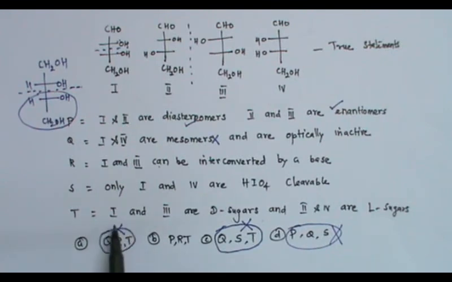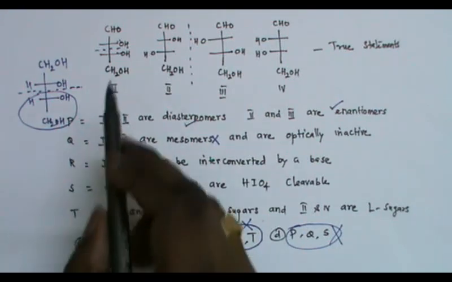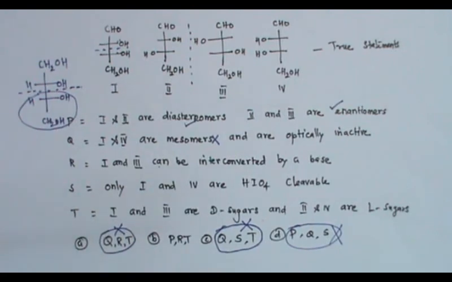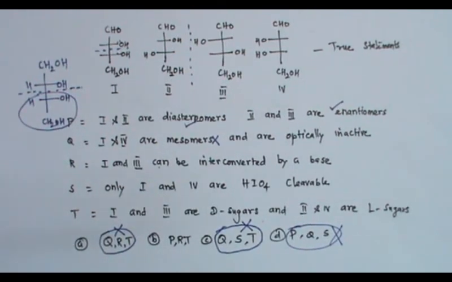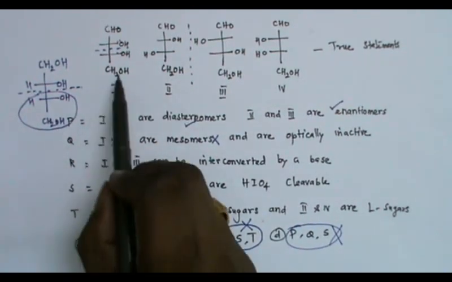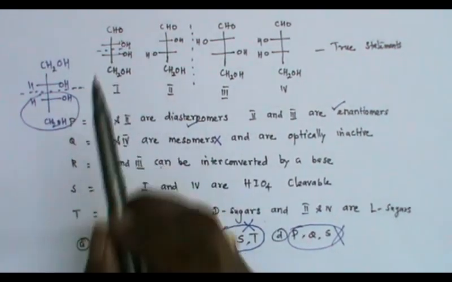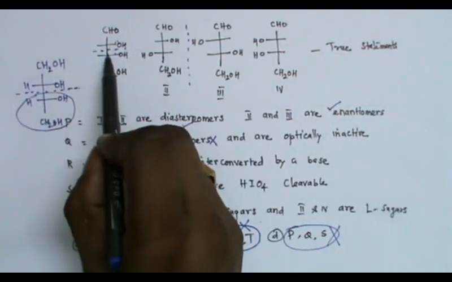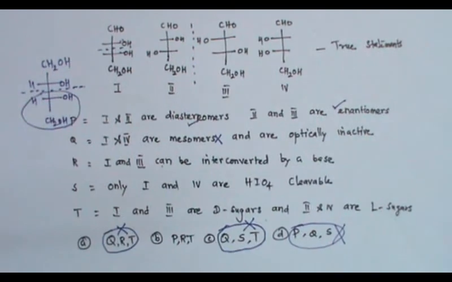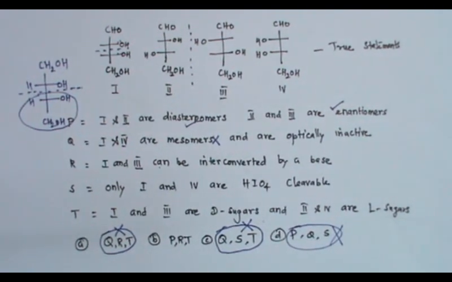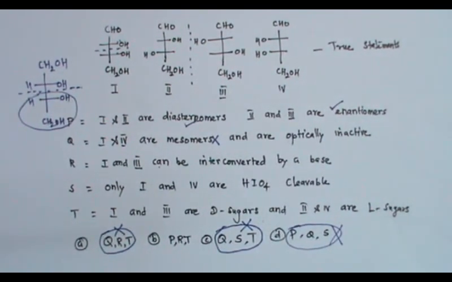The last statement, first and third are D sugars, second and fourth are L sugars. That is correct. How do we give the nomenclature as D and L? From the bottom, we go for the carbons. This is the first chiral carbon. In that, if OH is attached towards your right hand side, that is D sugar.